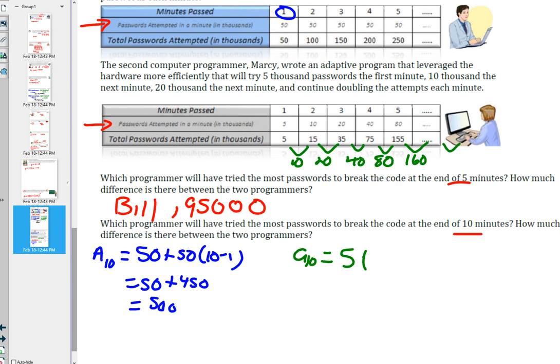This would be 160, 320, 640, 1280. Then 2555 plus 2560.